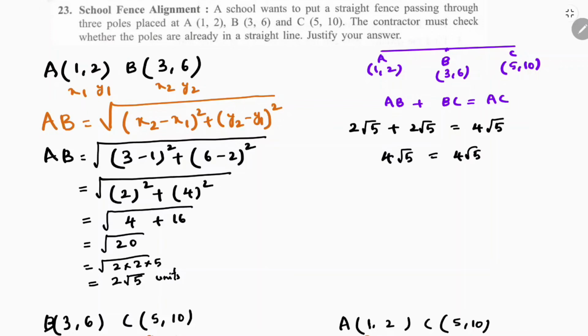Therefore, the 3 points are collinear. So the 3 poles A, B and C are in a straight line because they are collinear.